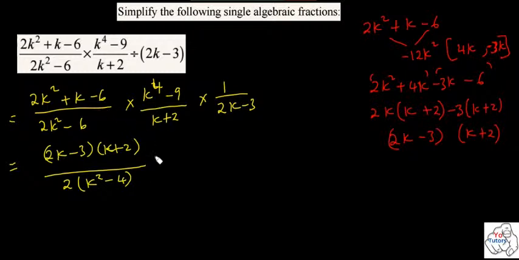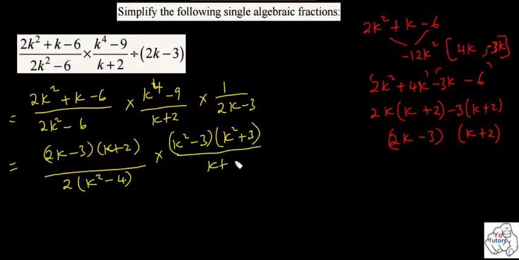Then what do we have here? We have got times k squared minus 9. This is the same as k squared minus 3 squared, difference of two squares: (k minus 3)(k plus 3) over k plus 2, then here times 2k minus 3, one over 2k minus 3, like that.